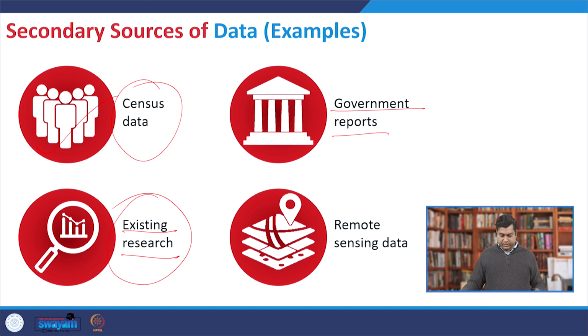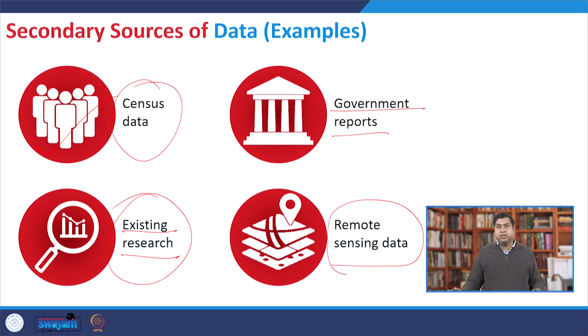The other data is remote sensing data, where we look at spatial changes in a city and so on, and you don't need to go for primary data collection in the field, but use secondary information. It is secondary because satellite images and other data are captured by satellites and made available through different media.